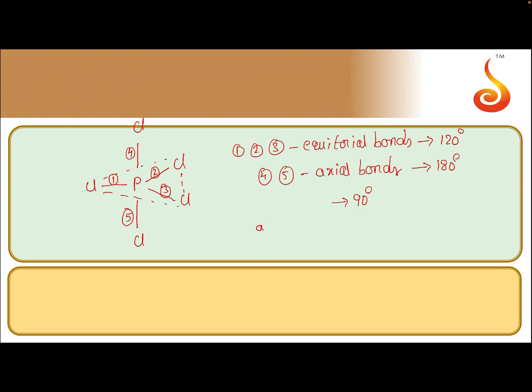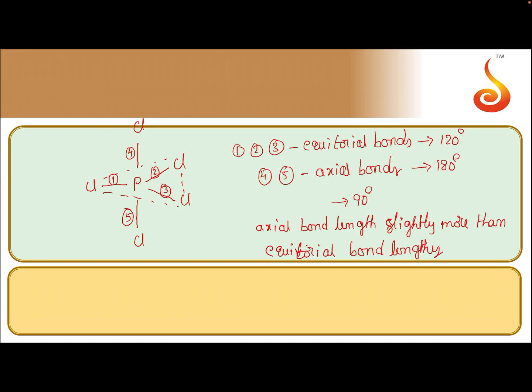And here, the axial bond length is slightly more than the equatorial bond length, and axial bonds are weaker than equatorial bonds.